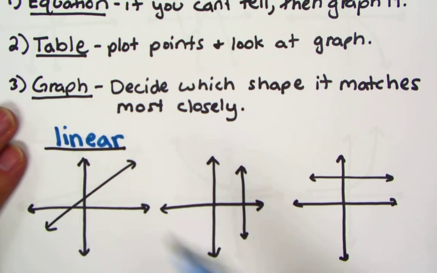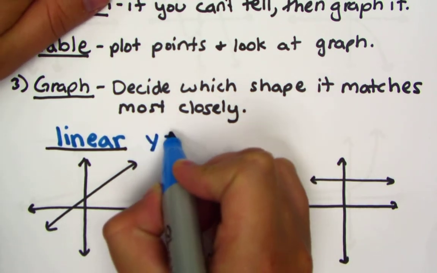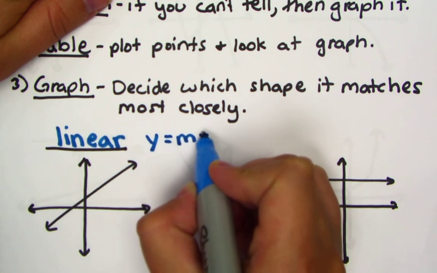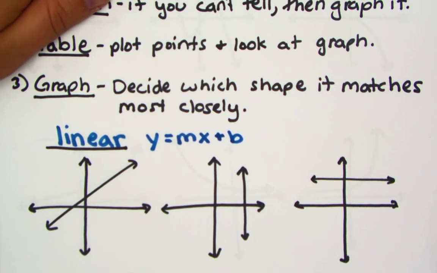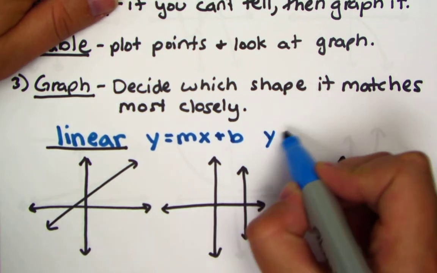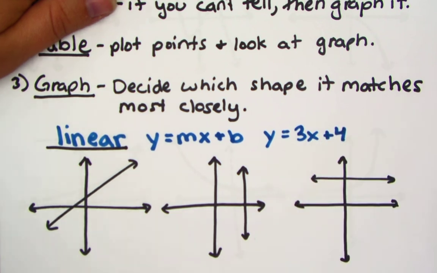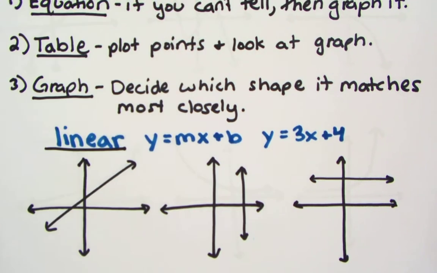It's a straight line the whole way. A linear function often looks like that. Or, for example, with numbers, it could look like that. That could be an example of a linear function in equation form.